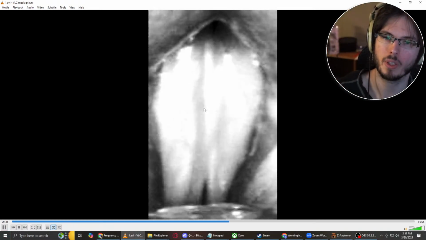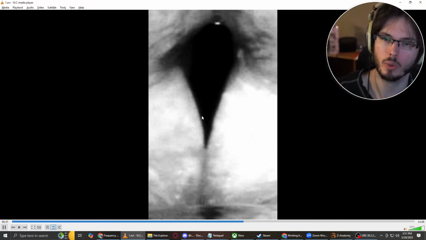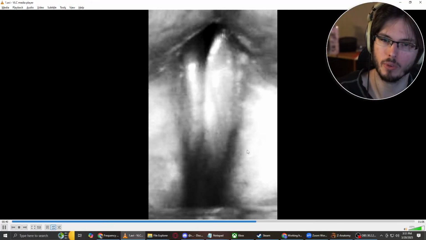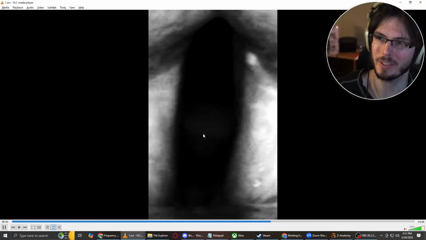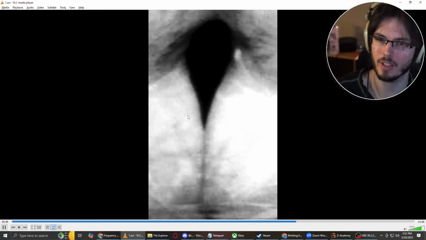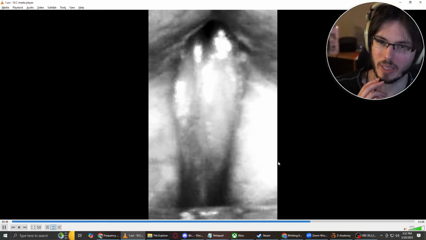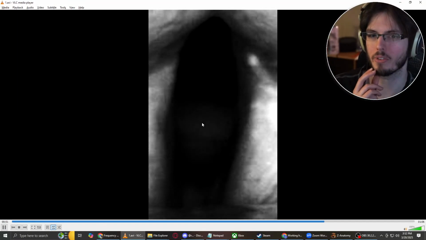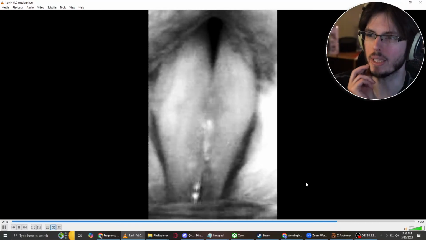One of the things that I see is that as the true vocal folds are closed, the false folds actually stop coming together. That's why I bring up the Bernoulli effect. The false folds only start to come together as there's an opening in between.